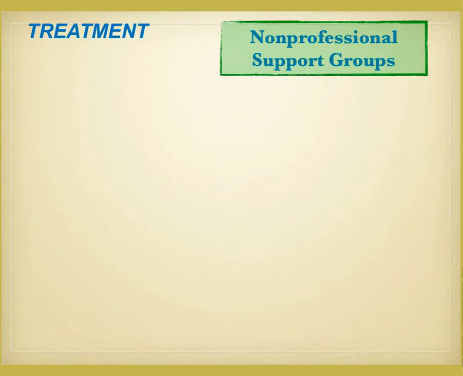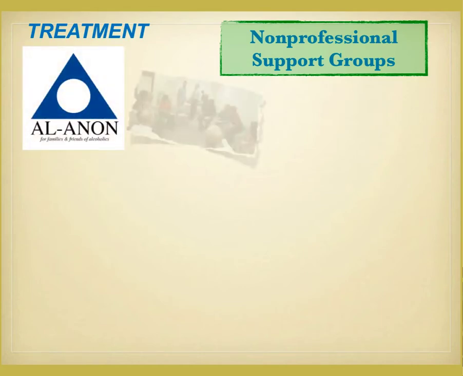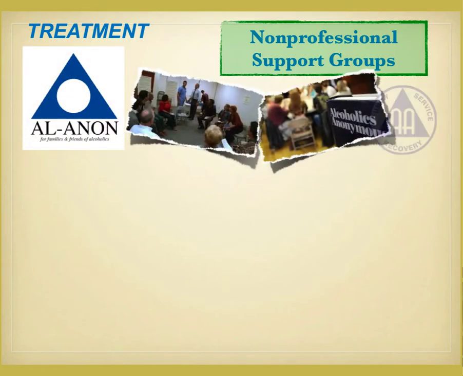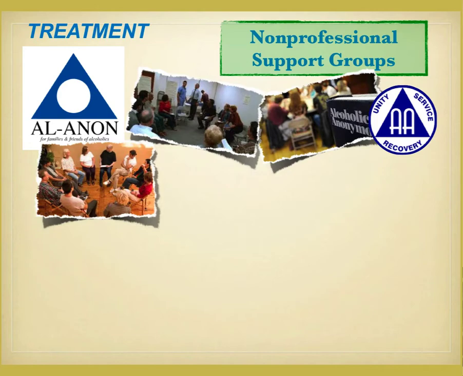Now, there are some non-professional support groups: Al-Anon, Narcotics Anonymous, Alcoholics Anonymous. These are support groups. They promote abstinence, and they do so within a supported group setting. They have had a long history in the support and treatment of alcoholism, drug, and cocaine abuse.